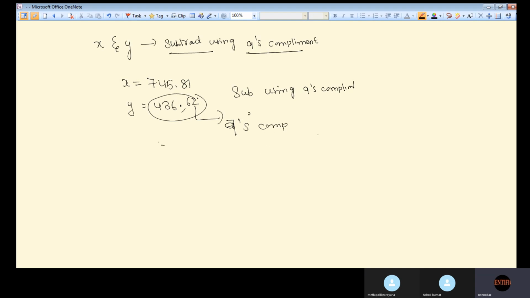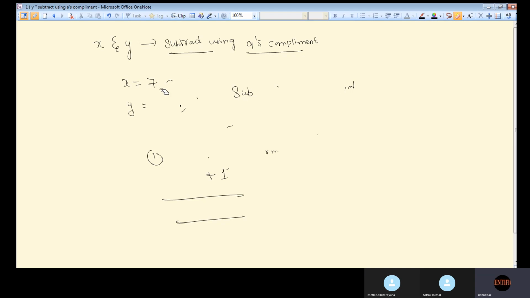And whatever intermediate result you get after the nines complement, if you get a carry here, you need to add the carry and find the result. Understood? Okay, I will show you one.